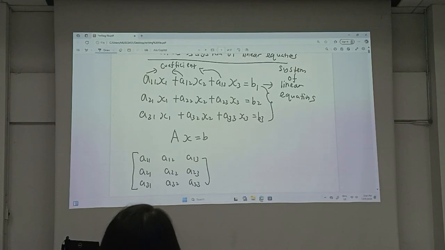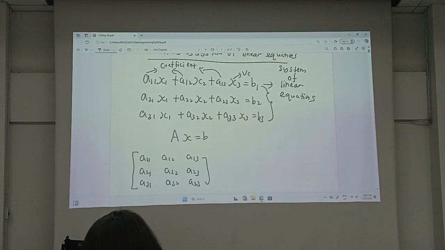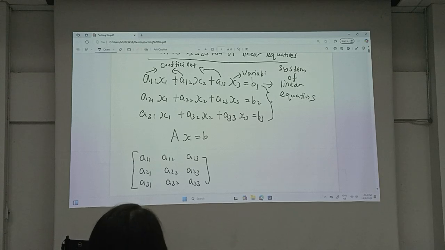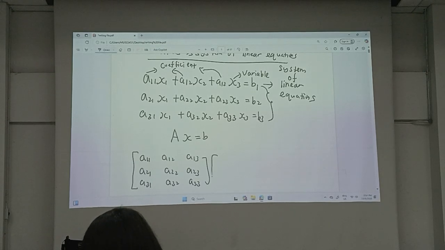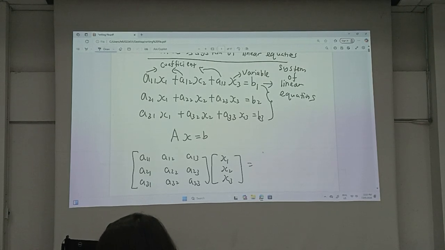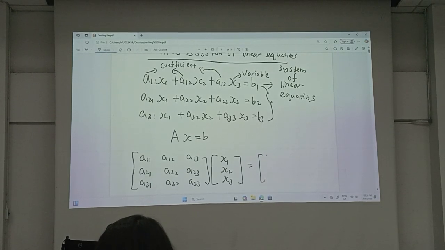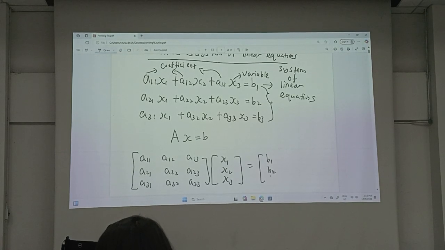This matrix A consists of all the coefficients. The X is the variable, so it's a vector x1, x2, x3. And then B is the right hand side, b1, b2, b3.